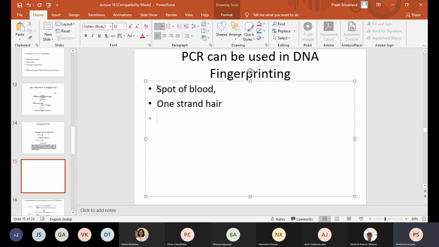We can design a probe which is specific to the repetitive sequences, right? But that method will work when you have a sufficient amount of DNA. Usually when it is a crime case, the amount of DNA is very less. Sometimes you will find a spot of blood or a little bit of saliva or a little strand of hair. In such cases, the amount of DNA that you will get from a single strand of hair or a spot of blood may not be enough.